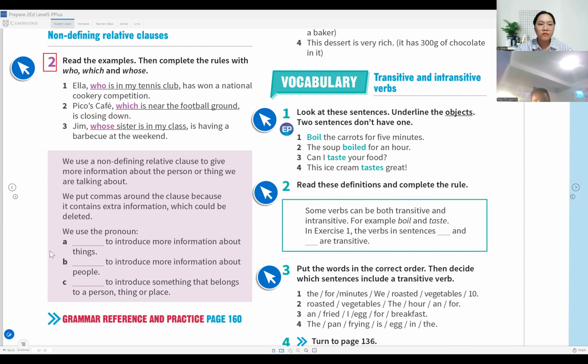We use a non-defining relative clause to give more information about the person or thing we are talking about. Put commas around the clause because it contains extra information, which could be deleted.